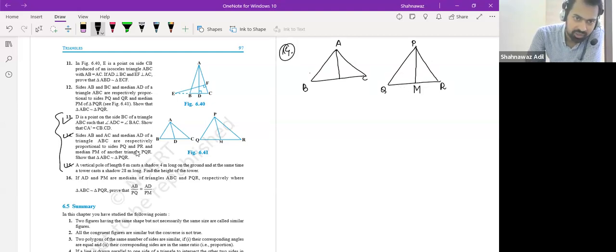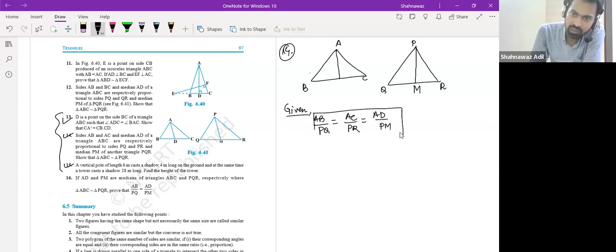And what is given? It is given that AB by PQ is equal to AC by PR, and this is equal to AD by PM.